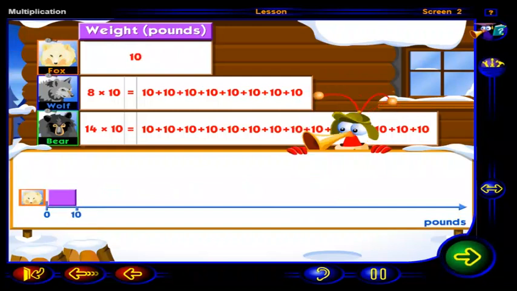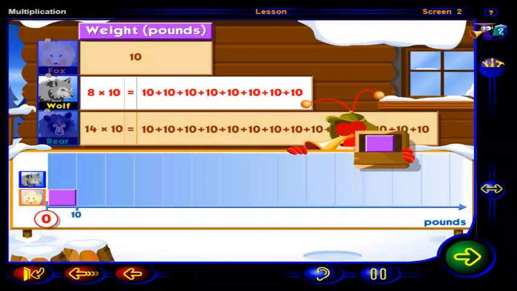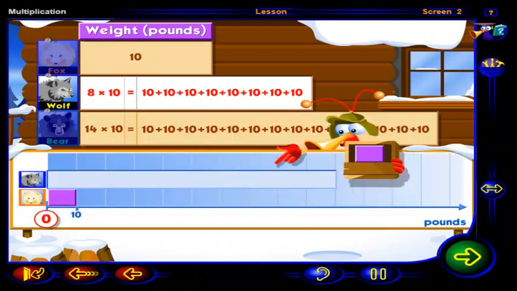Now let's use bars like this one to show the weight of the wolf. Starting at 0, drag as many bars as you need here to show the weight of the wolf. Then click OK.